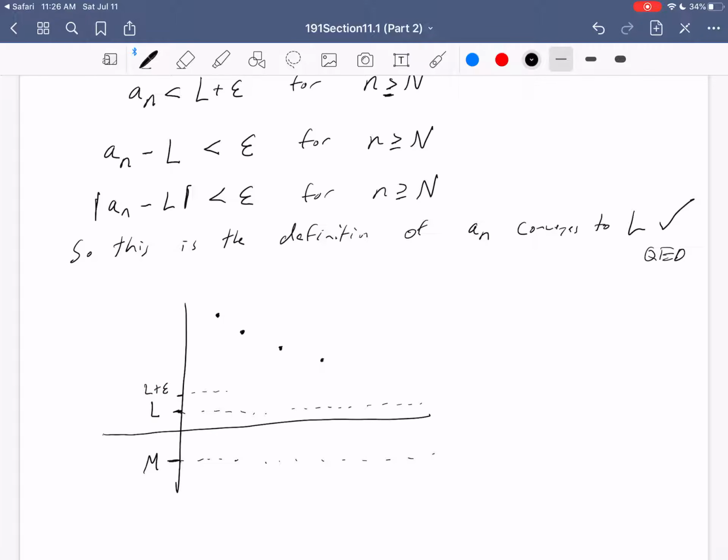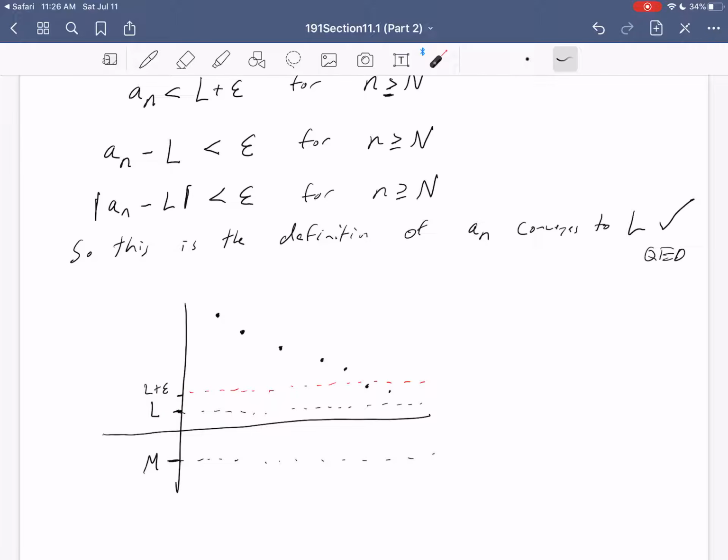So at some point, let me do this one in a different color here, this one is not a lower bound. So at some point, our sequence is supposed to dip below that. But then, remember, it can't go below this one. So it must go below this, but it can't go below that. Well, this L plus epsilon, we can scoot it as close as we want.